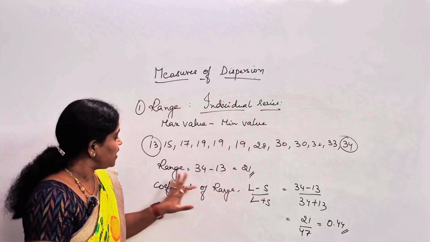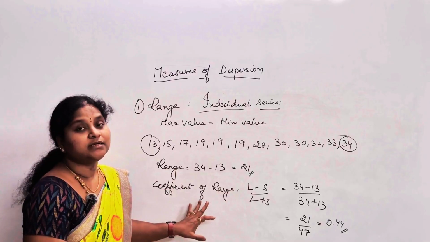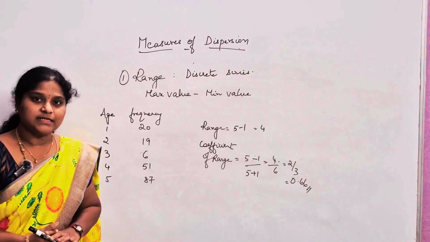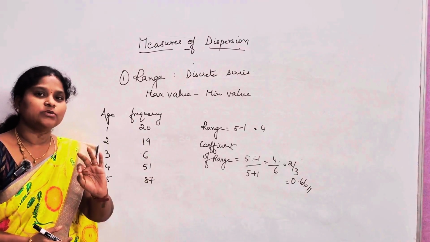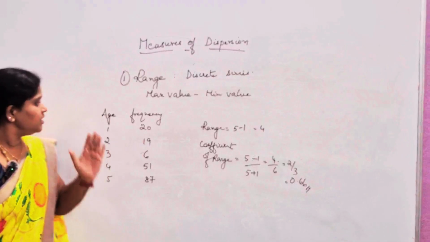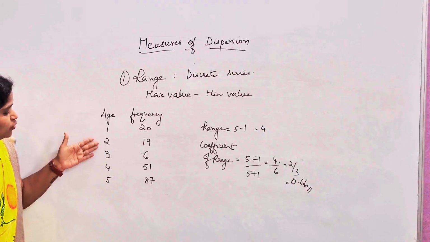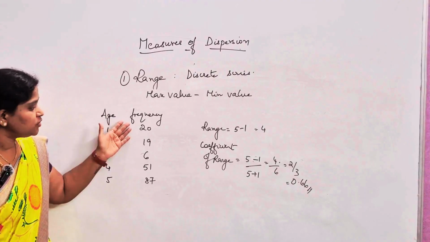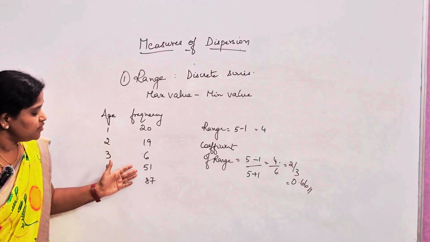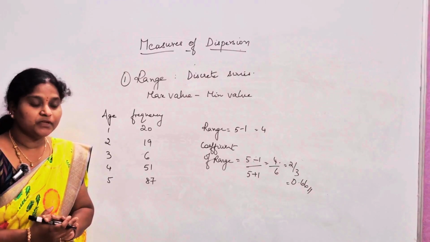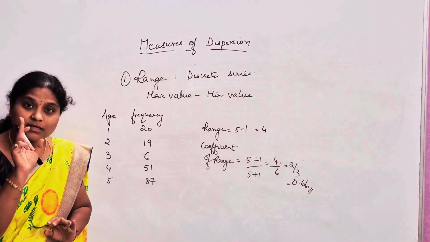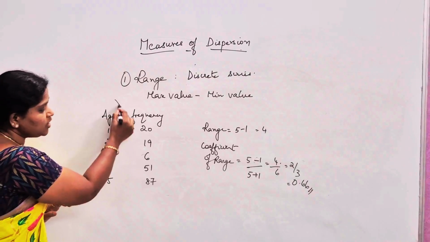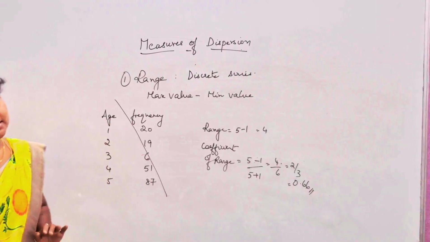Now let us calculate range and coefficient of range in terms of discrete series. Let us consider this example for the calculation of range in discrete series. We have ages 1, 2, 3, 4, 5, and the number of children of each age is 20, 19, 6, 51 and 87. To calculate range in discrete series, we will not consider frequencies.